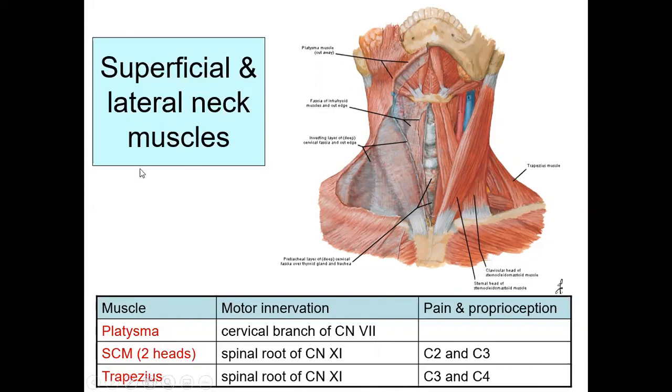So these are the superficial and lateral muscles. If you see here, this is the superficial neck muscle. The platysma muscle has been cut off here, and this is the sternocleidomastoid muscle. We have two heads: the sternal head and the clavicular head. The clavicular head is attached to the clavicle, the sternal head is attached to the sternum, and then we have the trapezius muscle.